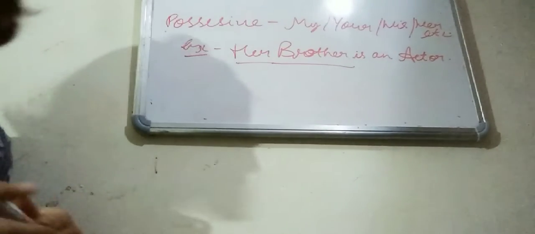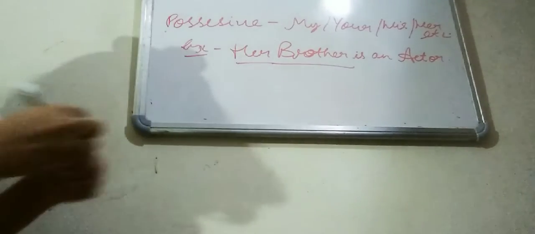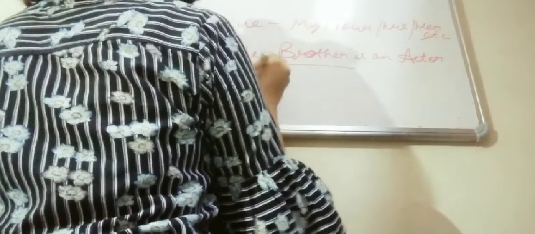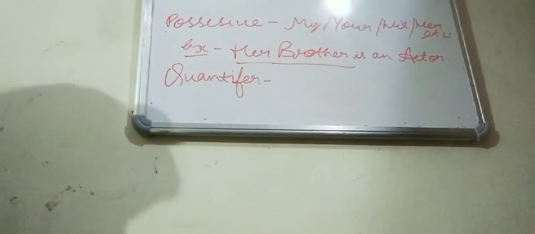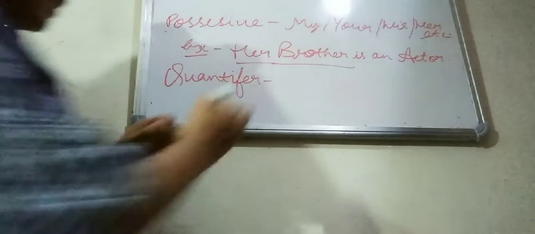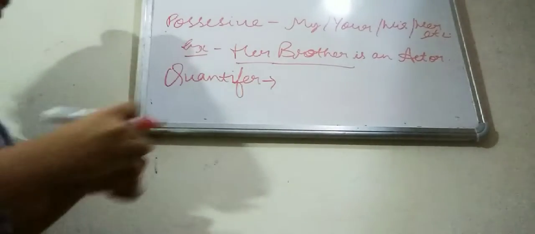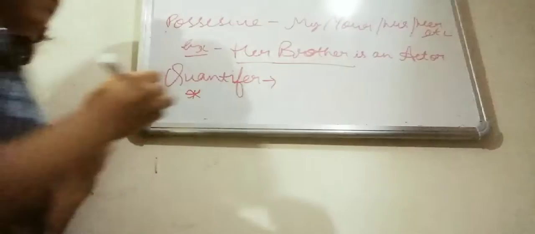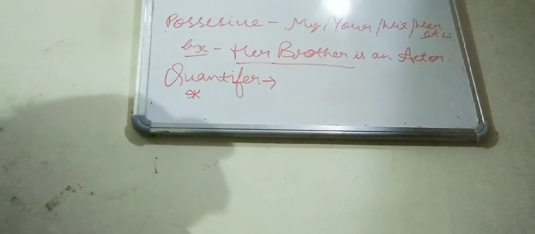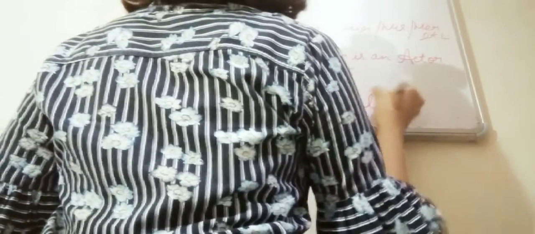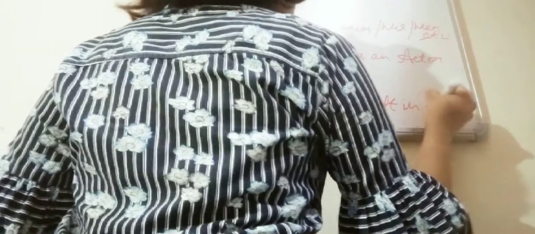So now let us move ahead and go for the last type, which is quantifier. In this, some, little, few, many, much, any, all these will come in quantifiers. Let us take some examples for quantifiers: some water is left in my bottle.